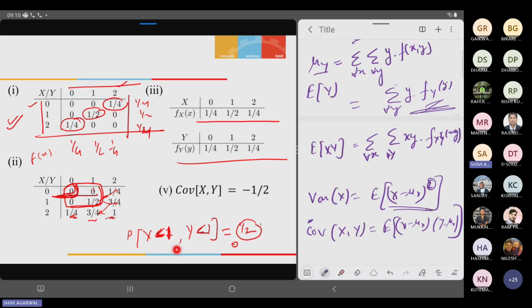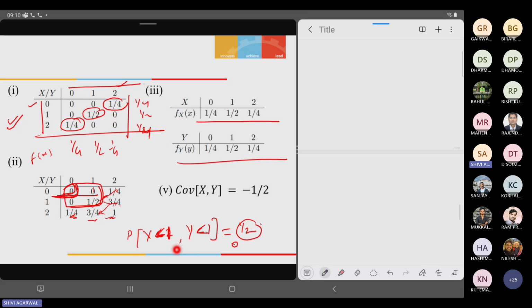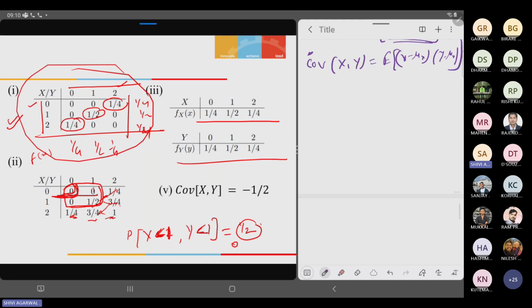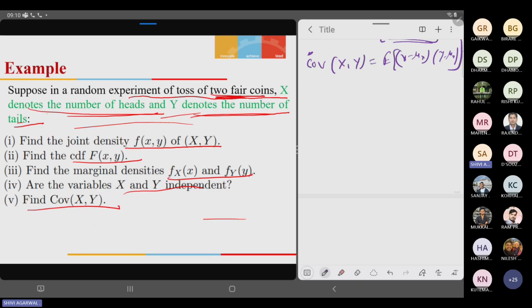Which table is formed? The first table. Okay, so what is the first table? You can just go back. What is the question? The question is X denotes the number of heads and Y is the number of tails. You are flipping a coin twice.